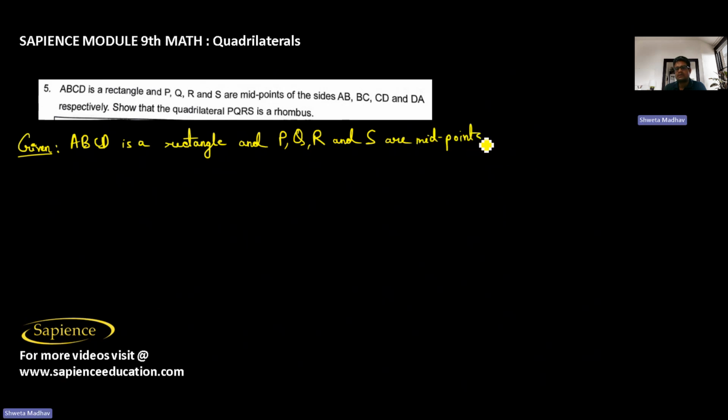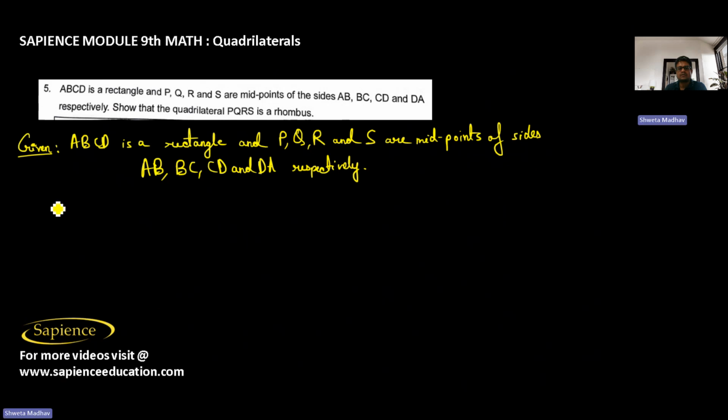Now here it is given that ABCD is a rectangle and P, Q, R, and S are midpoints of the sides AB, BC, CD, and DA respectively.